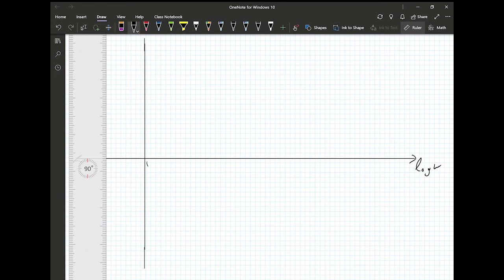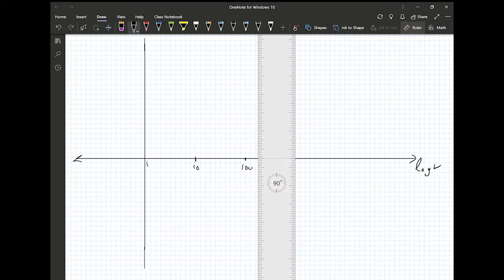So 1, 2, 3, 4, 5, 6, 7, 8, 9, 10. That's 10. Another 10 blocks, that's 100, and so on. And then I'm interested in 0.1, which is 10 blocks behind 1.